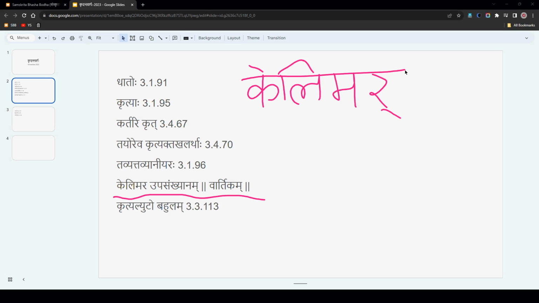Upasankhyanam is in addition to the other pratyayas already covered by Ashtadhyayi. Kelimar also should be added. The example for this is given in the Laghu Siddhanta Kaumudi: Pachelima Mashaha.